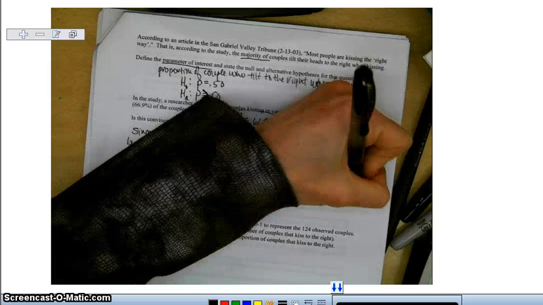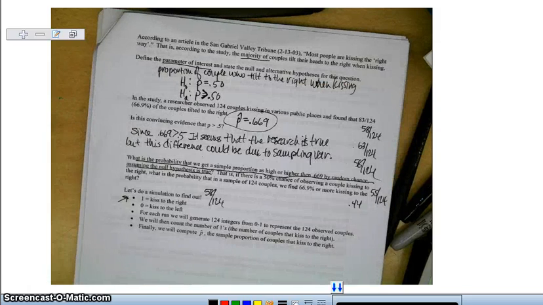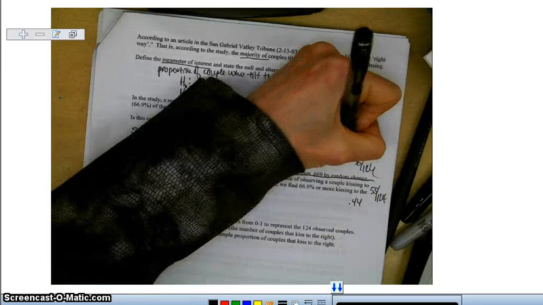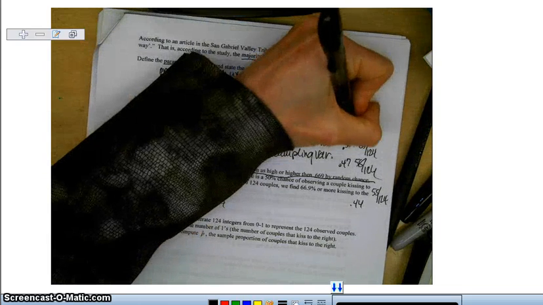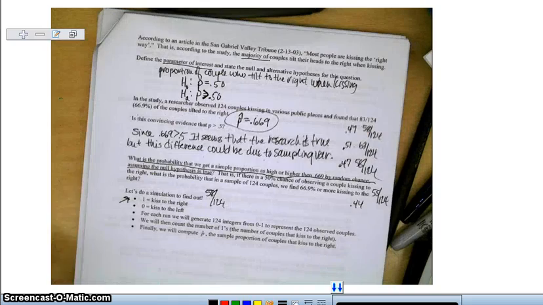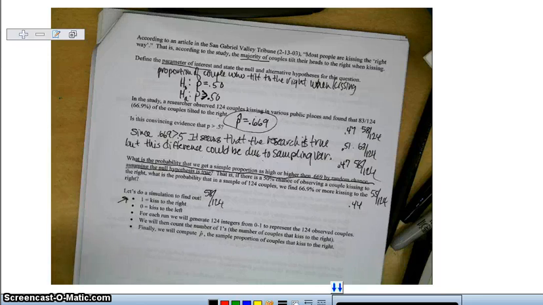Each of these: 55 divided by 124 is 44%, 58 divided by 124 is 47%, 0.47, 63 divided by 124 is 51%. So I got 0.47, 0.51, 0.44. And I want to look at those trials and say, based on those trials, is it possible that more than 50% kiss to the right? So we'll finish this in the next video.